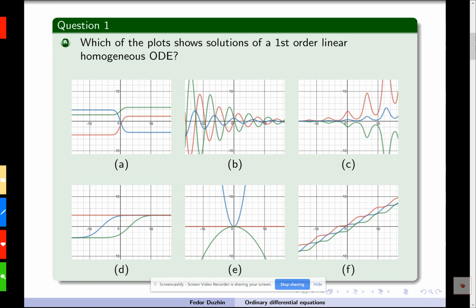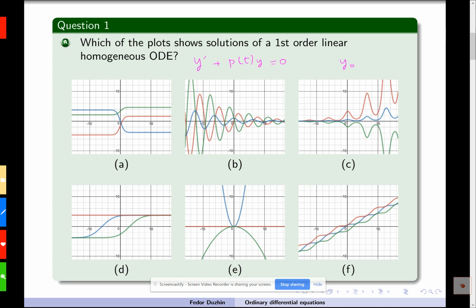So a first order linear homogeneous differential equation is of the form y prime equals p of t y. But the important property here is that the set of solutions is a one-dimensional vector space, so it has a basis.